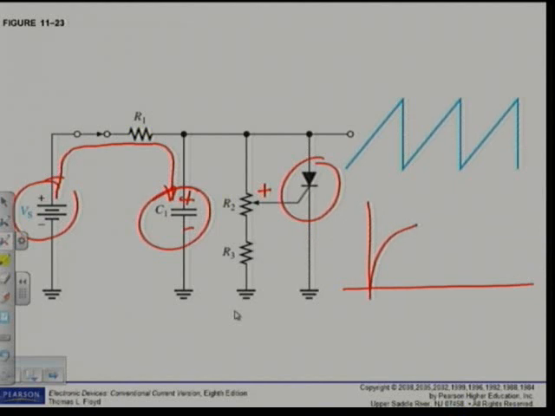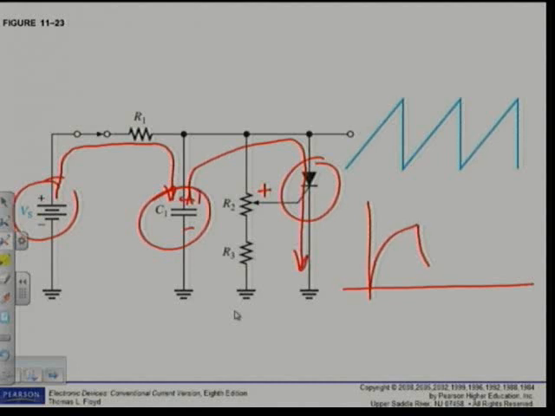When I trigger the SCR, it will go into conduction and will discharge this capacitor like this, through the SCR. It will discharge the capacitor and the voltage will decrease. Then, when the current drops to a value lower than the holding current, the SCR will turn off and the whole process will repeat itself.